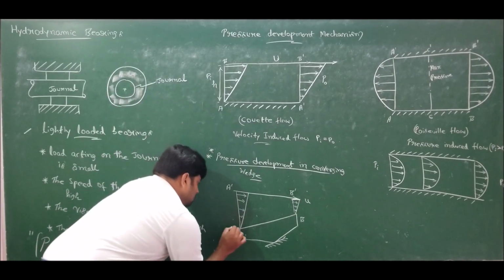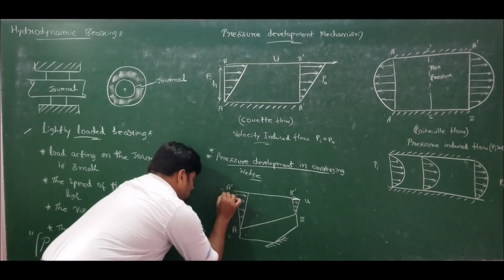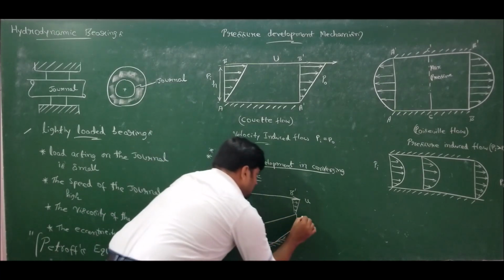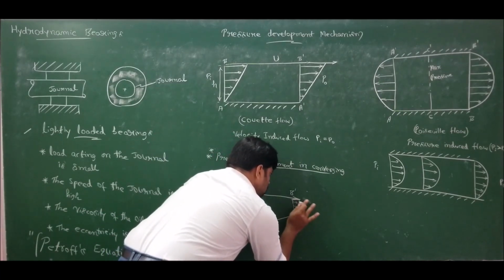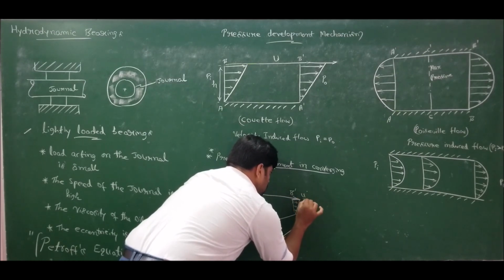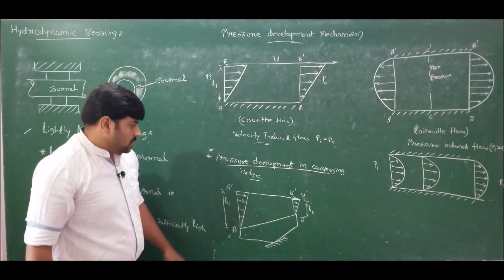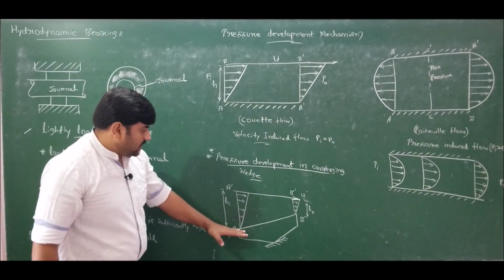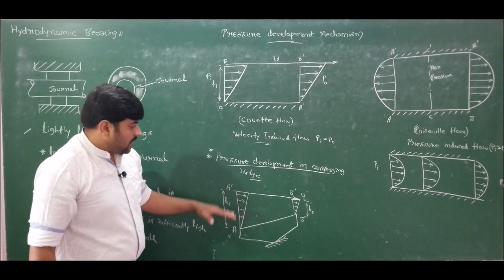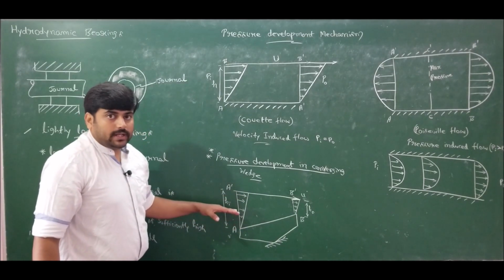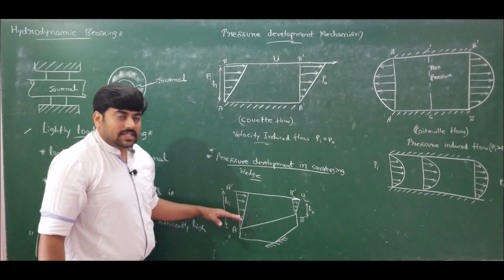Let us take this height as hi and this height as h naught. So this is the initial case I am taking for analysis. Since one end is fixed and the other end is moving, the average velocity can be taken as u by 2. That u by 2 will be the average velocity.